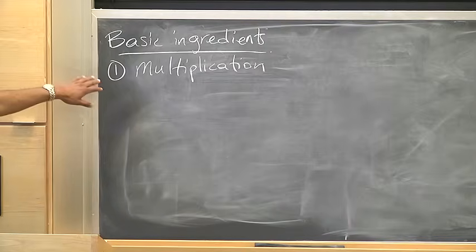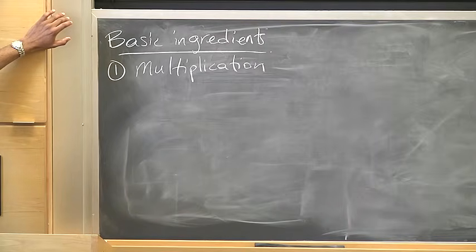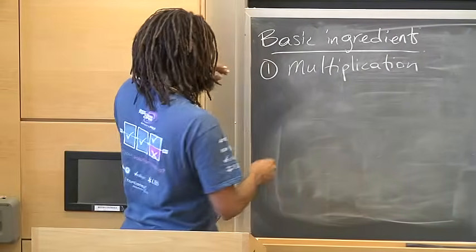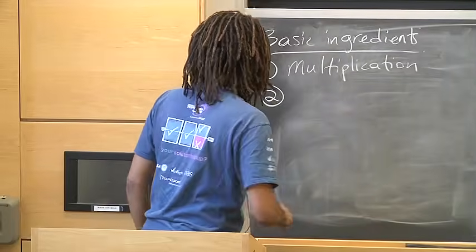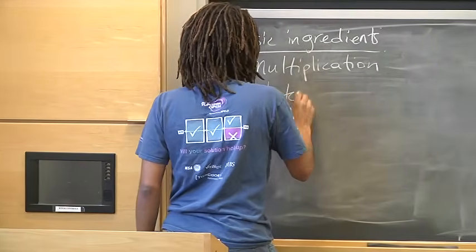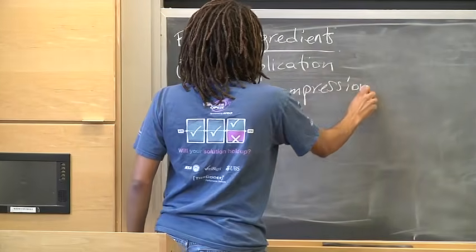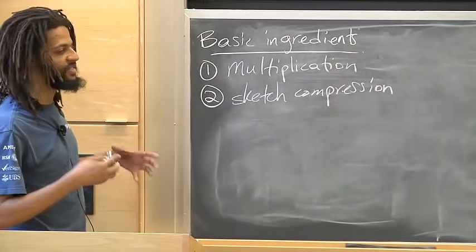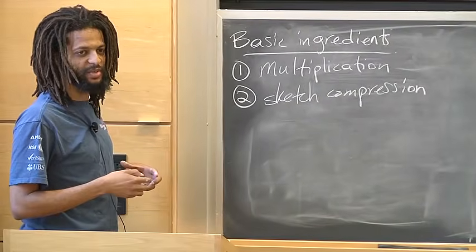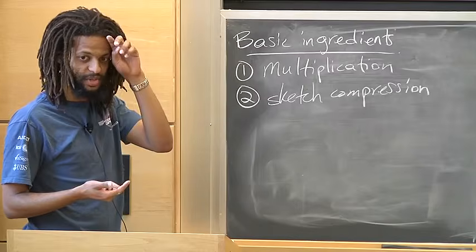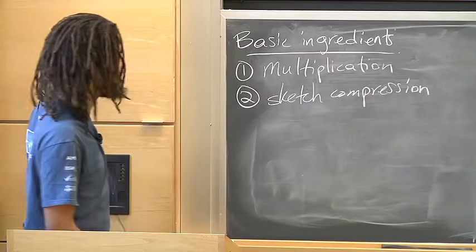In fact, there is a version of fusion trees which avoids multiplication, which came later, but I'm not going to present that. We're going to see sketch compression. There has to be some amount of compressing of the keys because we just said that all the keys can't even fit in a single node, so we can't hope to do it in constant time. We're going to have to somehow compress these keys.